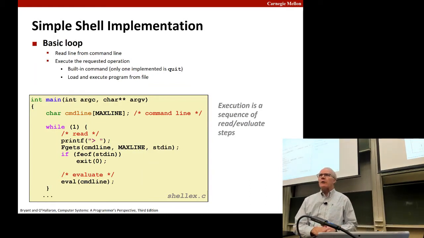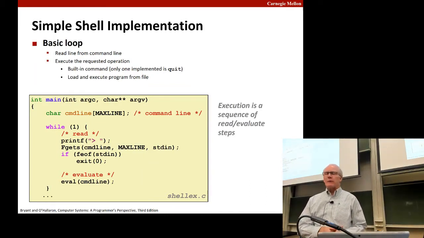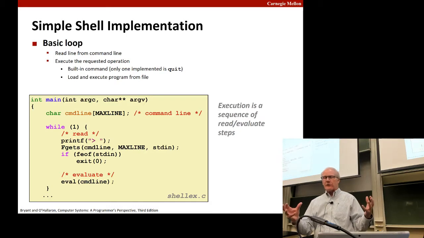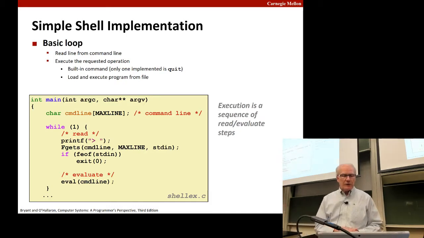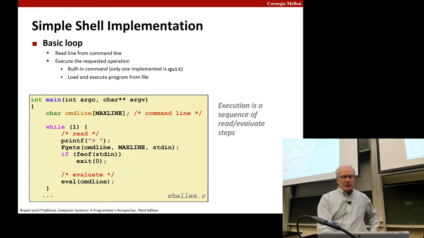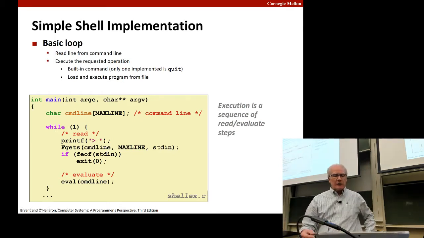So I'm going to just show little pieces of the code for this to highlight some of the most important features. But like I said, this is not that much code, and you're going to want to go and look at it, and you're certainly going to want to understand it for your upcoming assignment. The basic idea is it's a loop that potentially loops forever, where it prints the prompt to the command line, then waits until you type something in, and reads that in with the fgets.